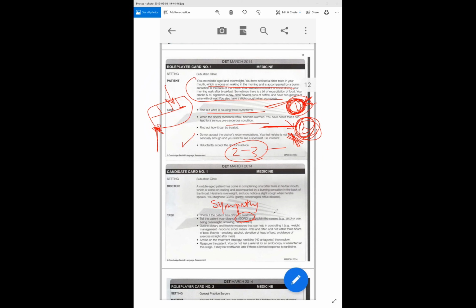He will ask you how this could be treated, doctor. We will make a lifestyle change. Don't use the same words even in writing. Try to paraphrase. Paraphrasing is changing the words in the case notes to their synonyms.